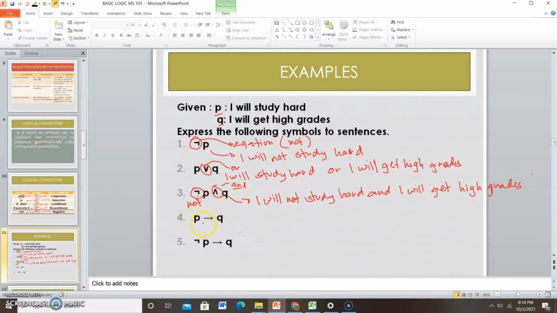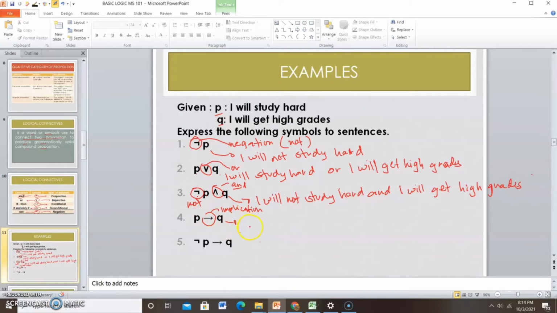Next is implication. This sign is implication, and the word is "if P then Q".